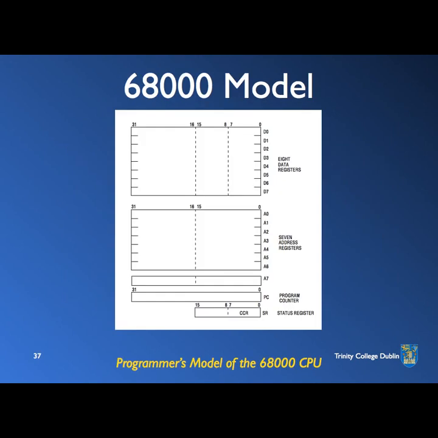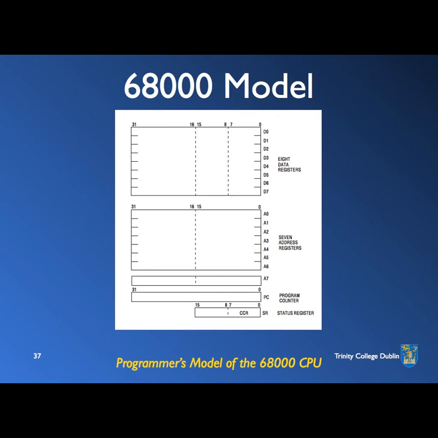The three components in it are all important. We have the 68,000 microprocessor here itself, and that'll be the CPU in our von Neumann machine. We'll have memory over here, and memory is organized the way it's shown here. Each location in memory is numbered, starting at 0.